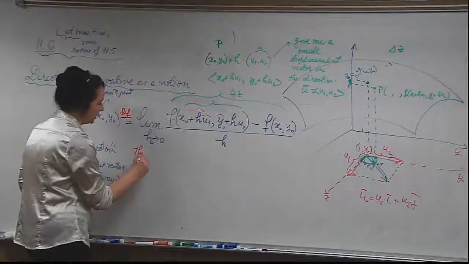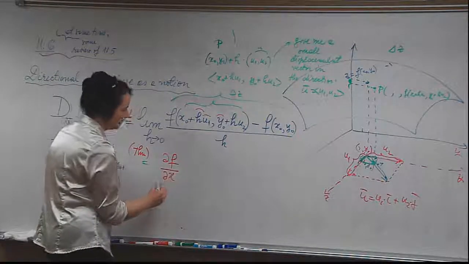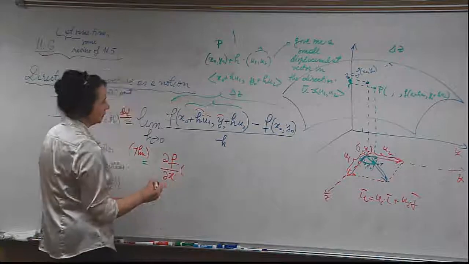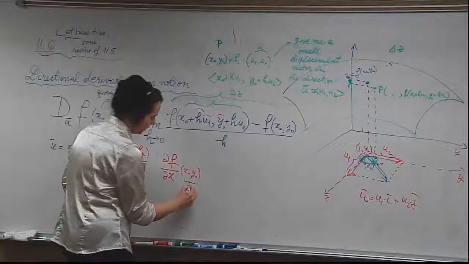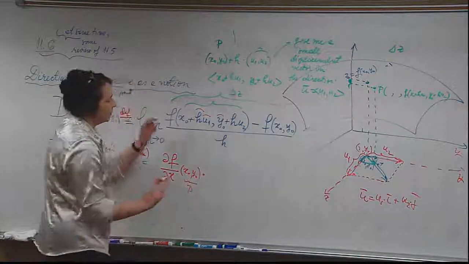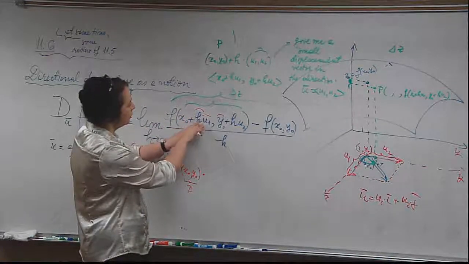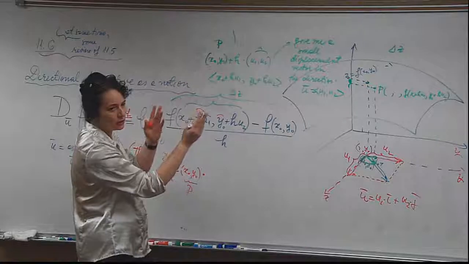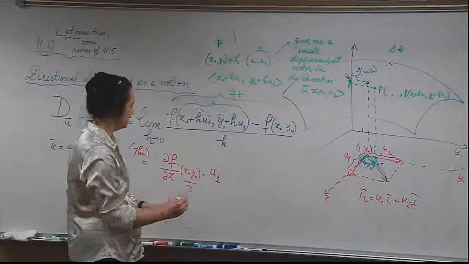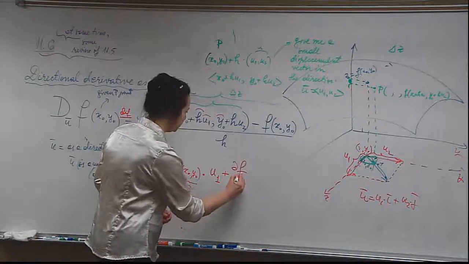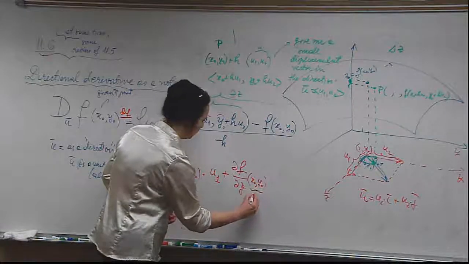So according to a theorem, this would be df dx, exactly like the chain rule, at my favorite point here, x0, y0, that was P, times u1, because the derivative of that with respect to h would be u1. Yes, it's a chain rule. So then I go times u1 plus df dy at the point P times u2.